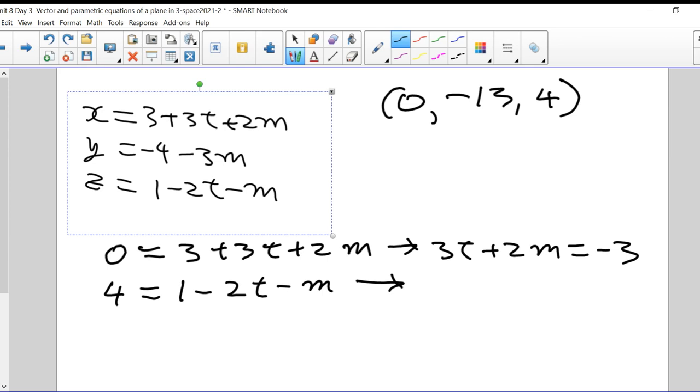And I believe we can write that as m plus 2t is equal to minus 3. Let's see if that works. I'm just trying to make sure that that works. 1 minus 4 is equal to minus 3.